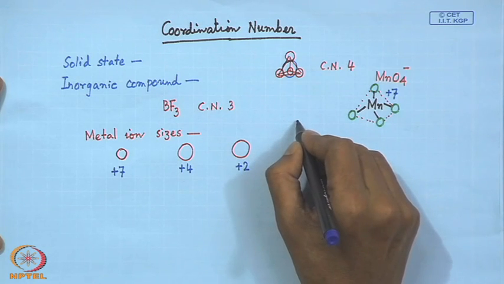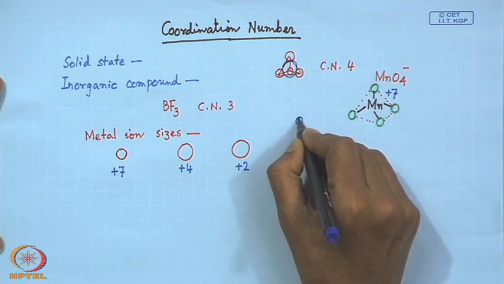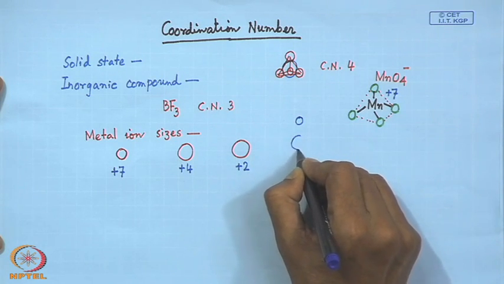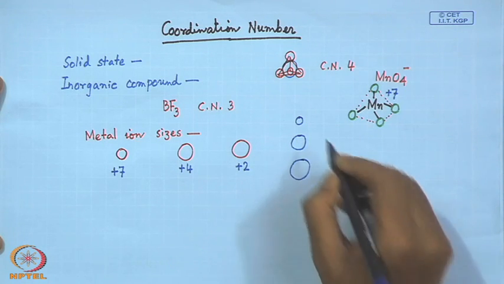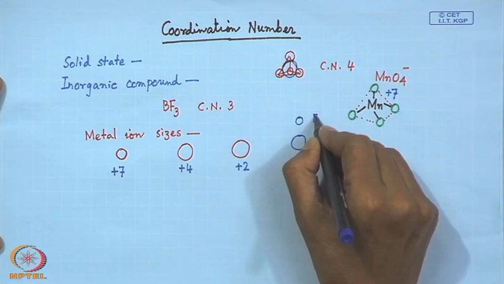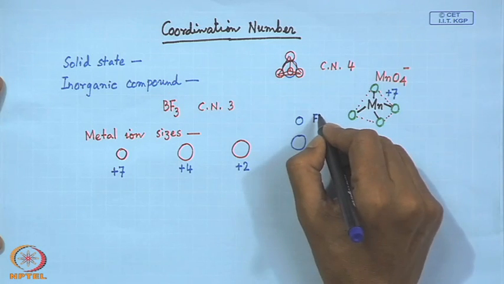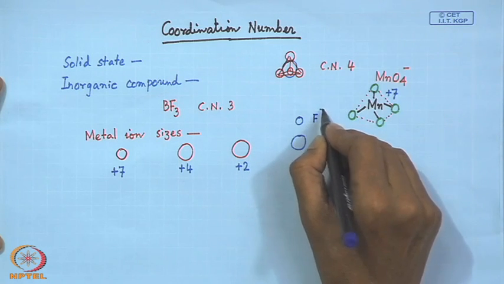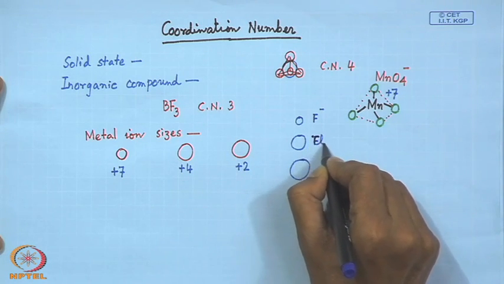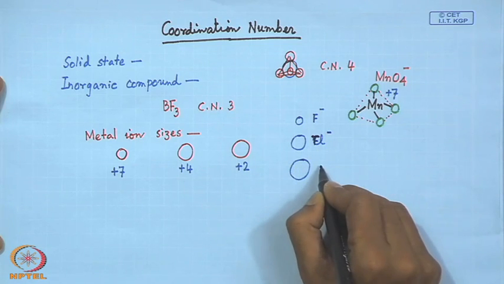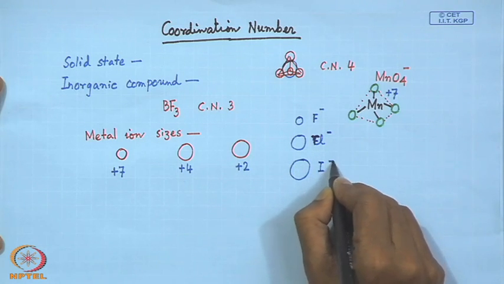And then the size of the corresponding ligands: the smaller, the medium size ligand and the bigger ligands, say the typical anions we see as salts, F minus, then Cl minus, and then I minus.